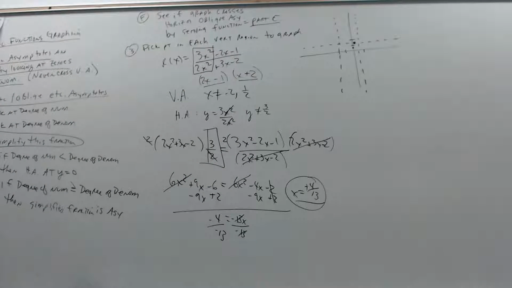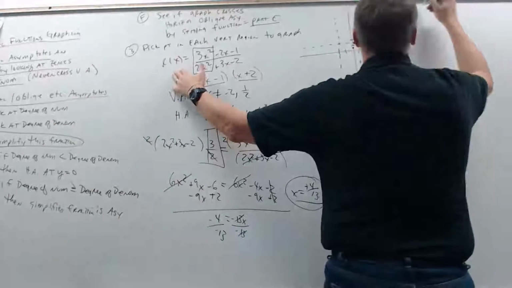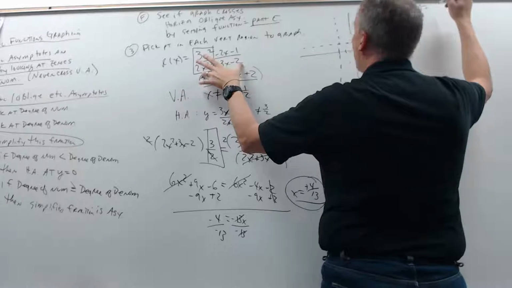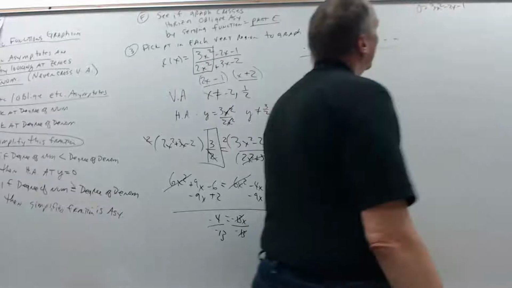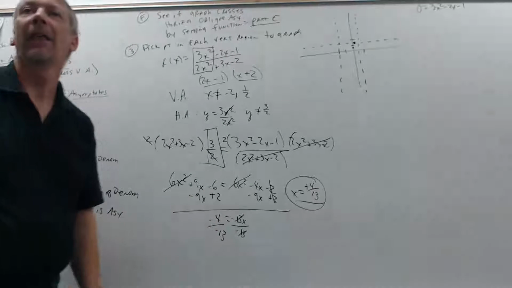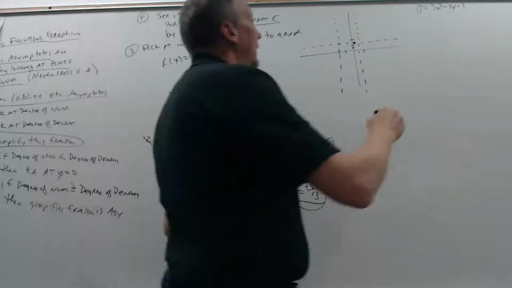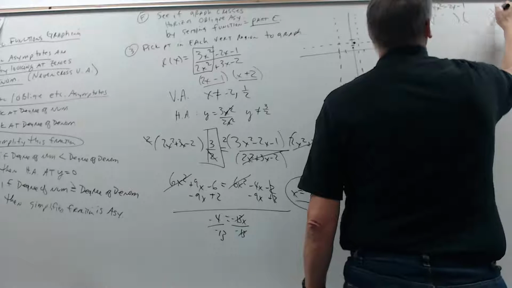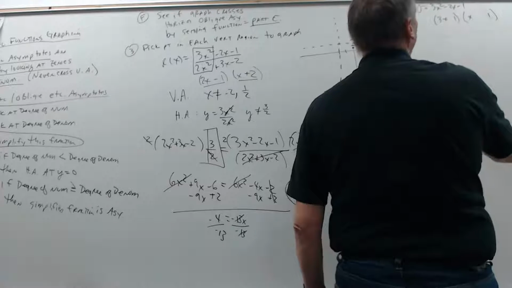When y is 0, I'm going to set this equal to 0, and it's just going to be the numerator because the denominator goes away. 0 equals 3x squared minus 2x minus 1. Can you factor that? Yeah. It factors into 3x, x, 1, 1. Get my signs right.